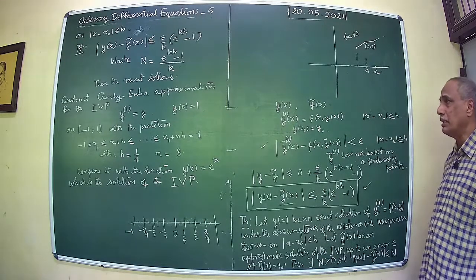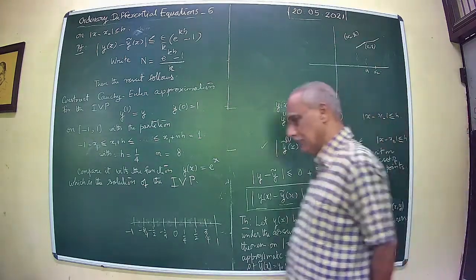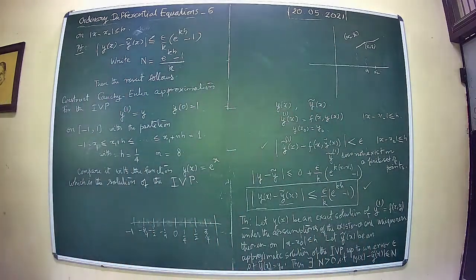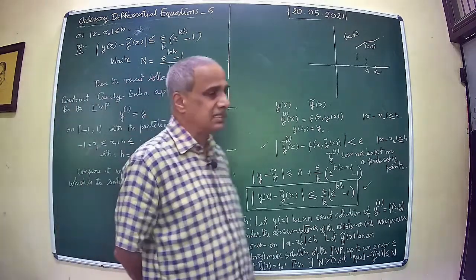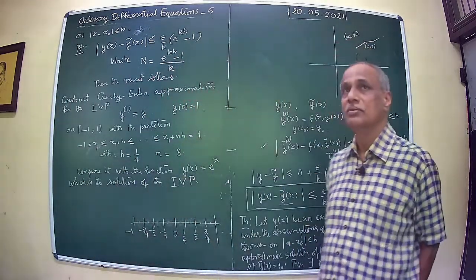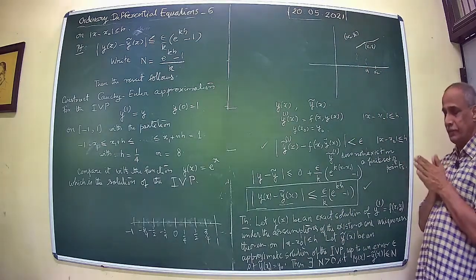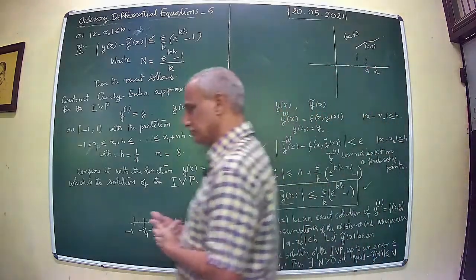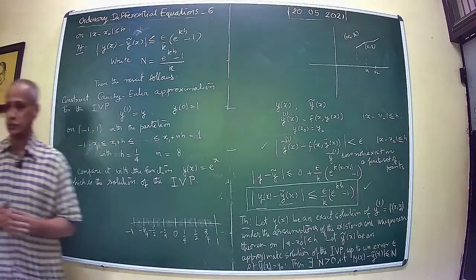Now what we want to do is this. Can you at least say that the solution exists even in the absence of a Lipschitz condition? That means I will be assuming that the function is continuous, but I am not going to assume that it is Lipschitz with respect to y.